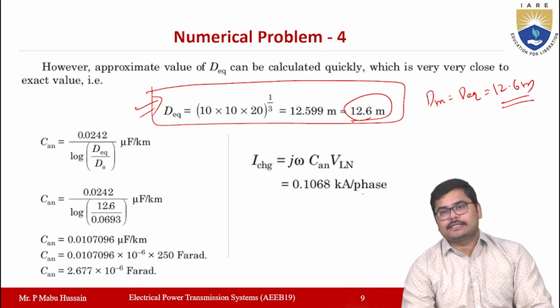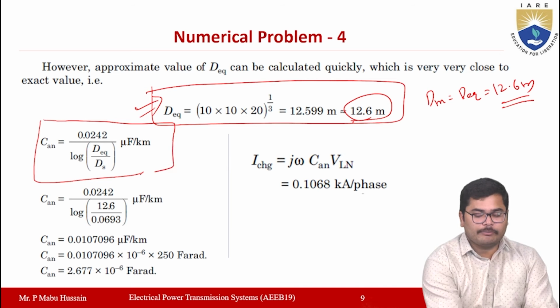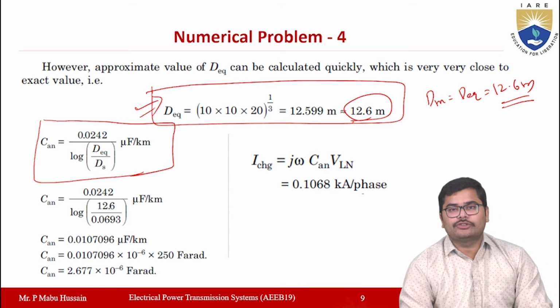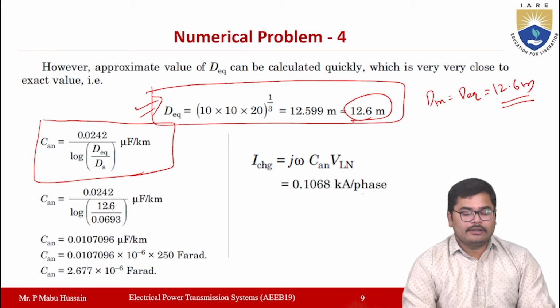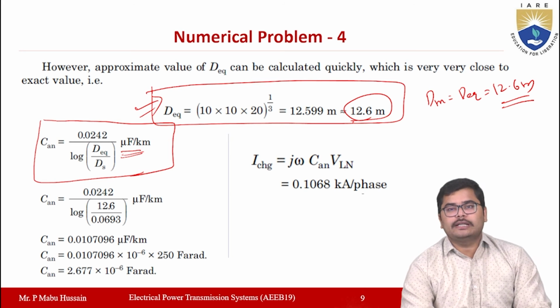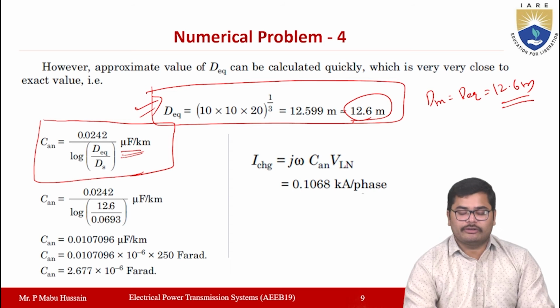Then the per phase capacitance you can calculate by using this expression. C_an is equal to 0.0242 by log D equivalent by Ds, and this value is in microfarads per kilometer. So directly in terms of microfarads per kilometer you will get.